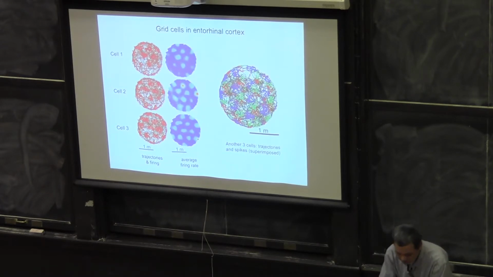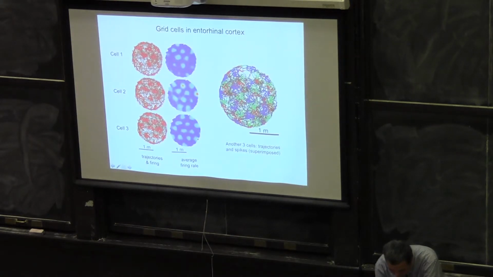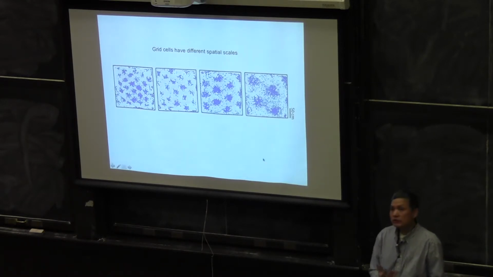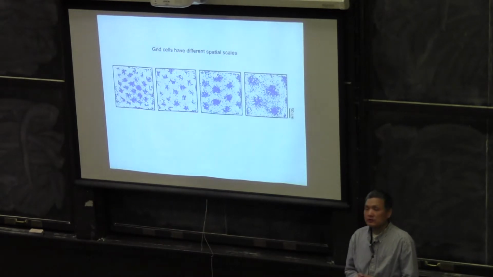That's the lowest one. This is 4 different kinds of grid cells. Some cells, the spacing is small, so this is 50 centimeters. Some are large. So there are many different sizes of grids in the brain.